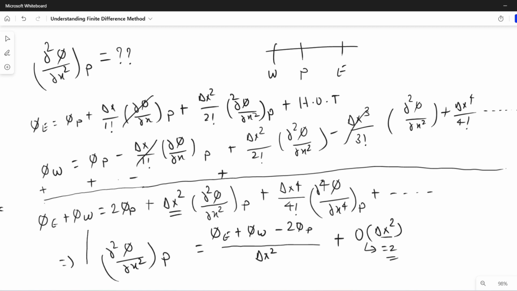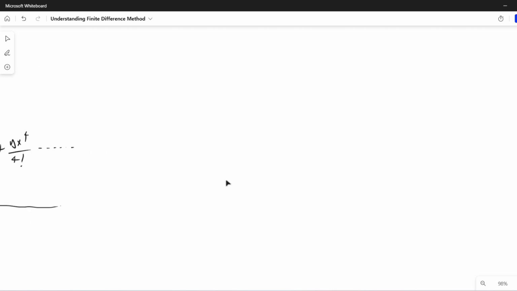So now we have got the value for our term ∂²φ/∂x² at point P. Let us write this.